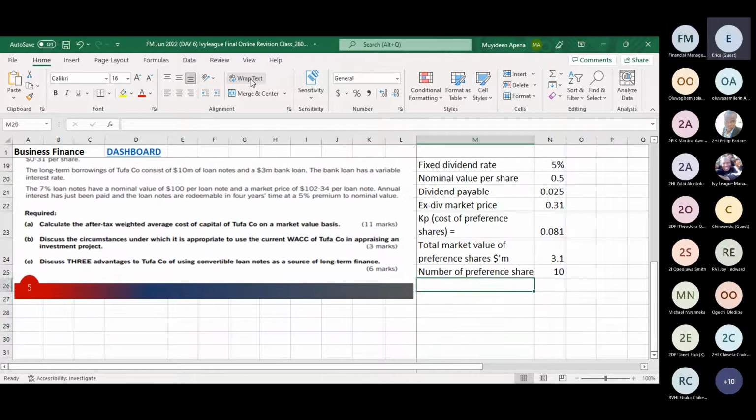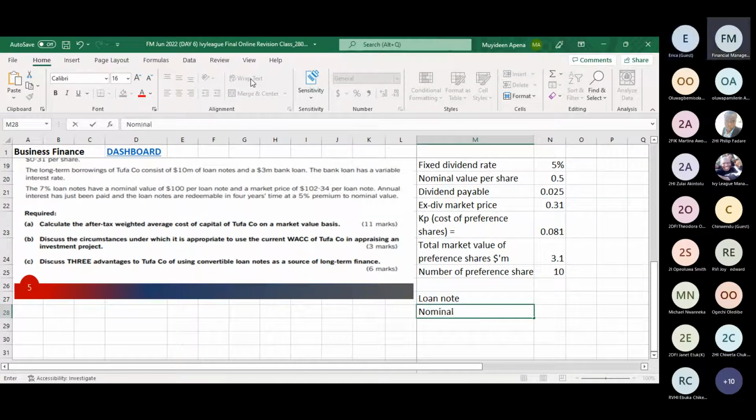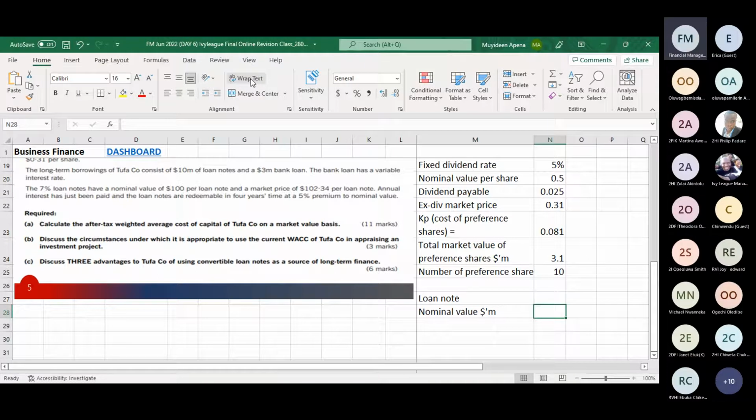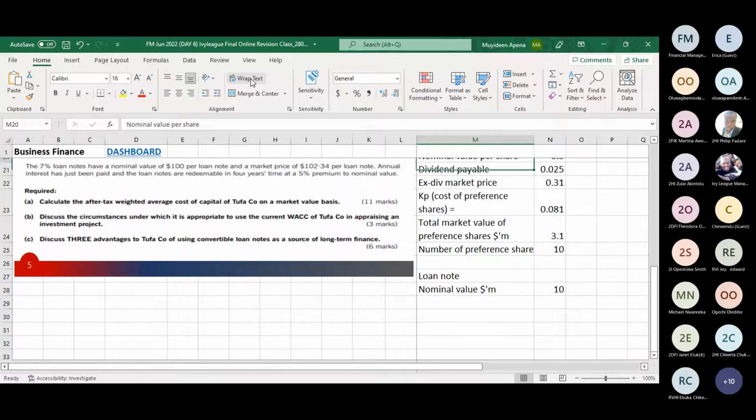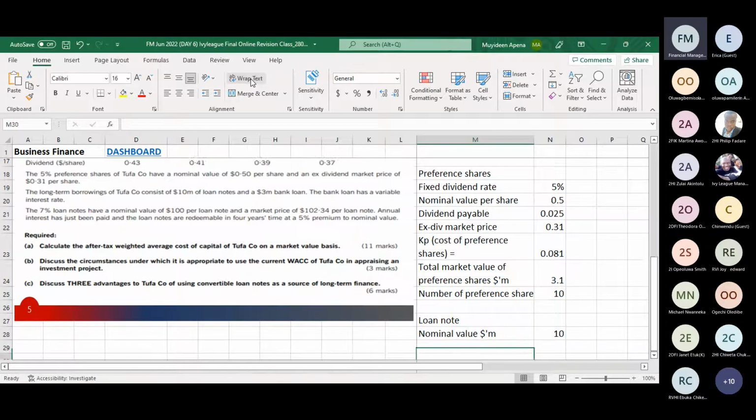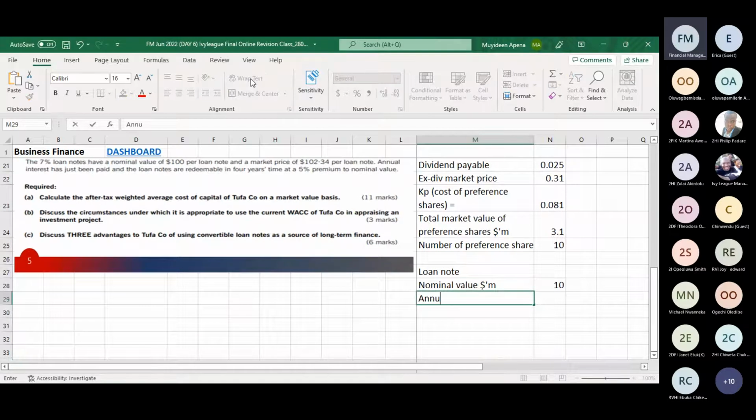Let's look at the splits. The long-term borrowing consists of two things: loan notes and bank loans. So let's take them one after the other. For loan notes, in the book, nominal value $10 million. And we are told that is a 7% loan note, which means the annual interest rate is 7%.